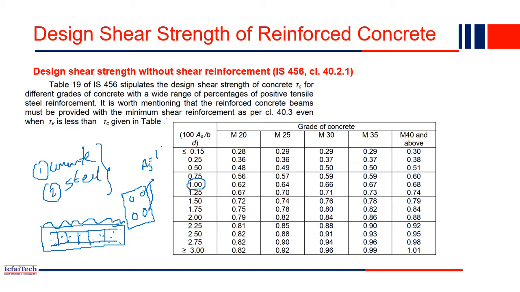If this area of steel is 1% of BD, then you go to this table, 1% corresponding to the concrete we are using, M25, right? So for M25, the value is 0.64. So that means this beam can take 0.64 Newton per mm square shear stress.